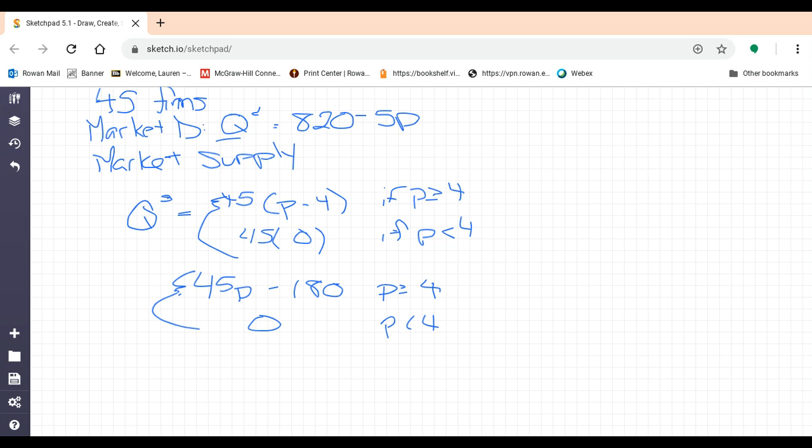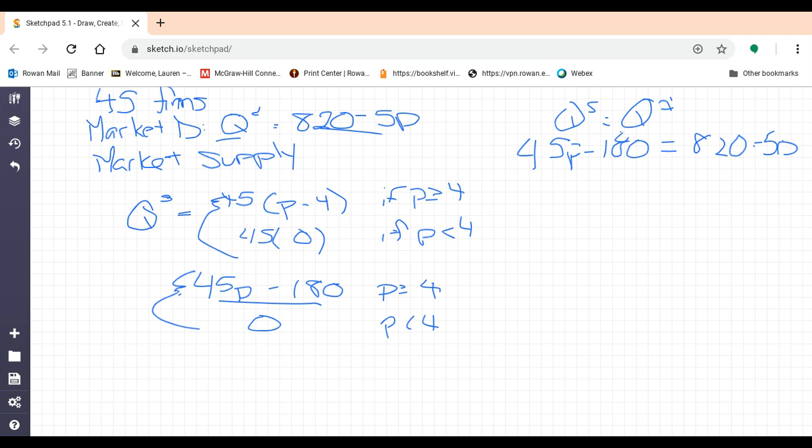All right, so to get the amount the market wants, I'm going to set quantity supplied equal to quantity demanded. And I'm just going to go with this supply function, 45p minus 180. But remembering, if we do get a price that's less than 4, we're not going to supply anything. 45p minus 180, and then equals the demand, 820 minus 5p.